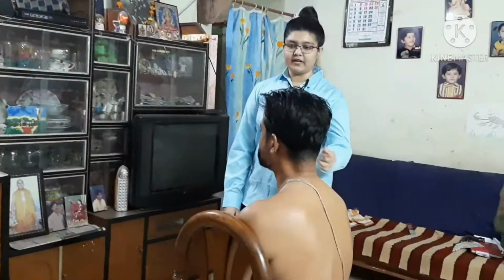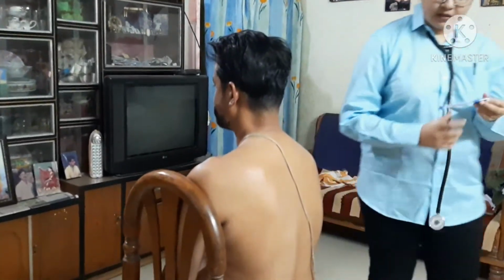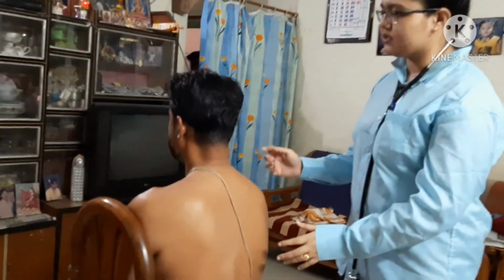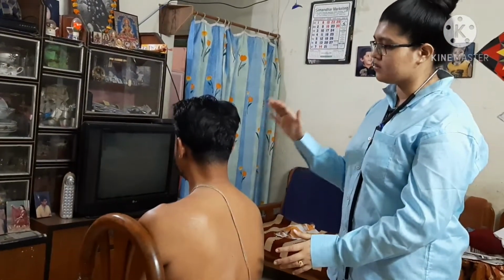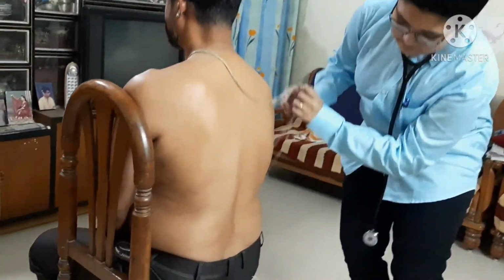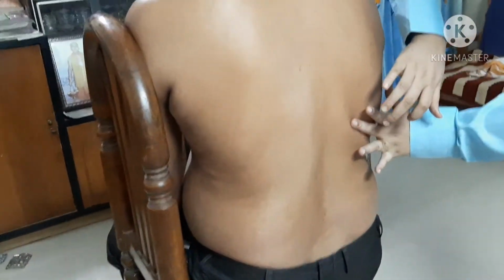And with you, we put some markings on your back. Yes. Okay. Now, when I put my hand on, you will just expire the whole air and just hold it for me there. Okay? Start doing it.